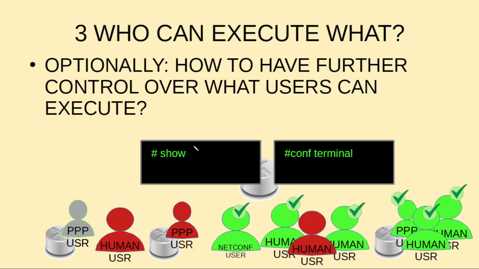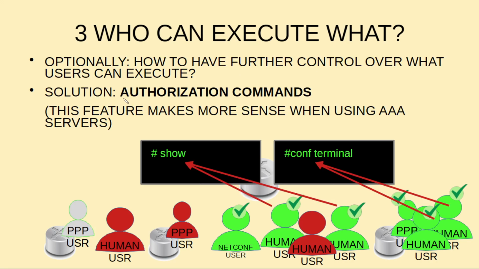The next challenge that we may face is providing AAA servers with control over who can execute what. This means having some users being able to execute harmless commands, some other users being able to execute more impactful commands, and other users being able to actually enter global configuration mode. In order to achieve that, we are going to use the feature authorization commands.